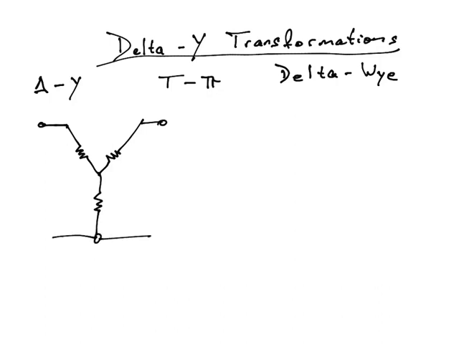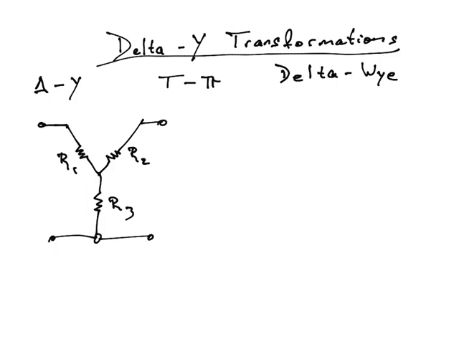So you may have some combination of resistors. I'll call this R1, this will be R2, and this will be R3. And these terminals over here, maybe they connect to a different part of the circuit. So I'm just focusing on one little section of the circuit with the resistors like this.